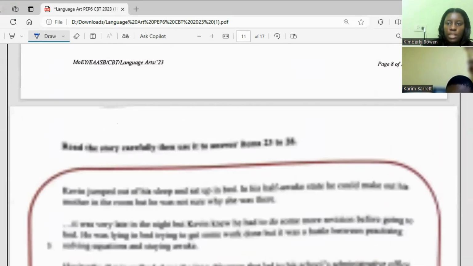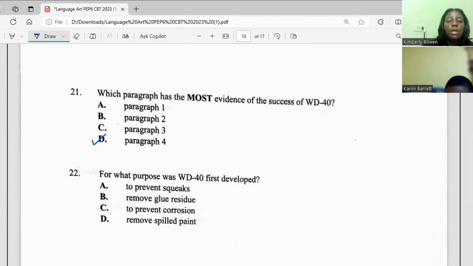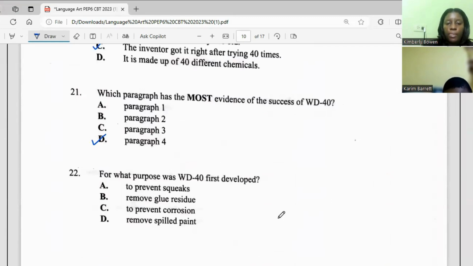All right, the answer, to prevent corrosion. Very good, Karim. So it was first invented to prevent corrosion and rust from aircraft.